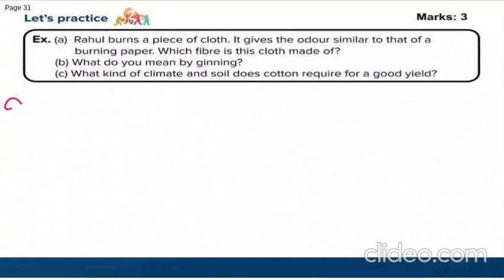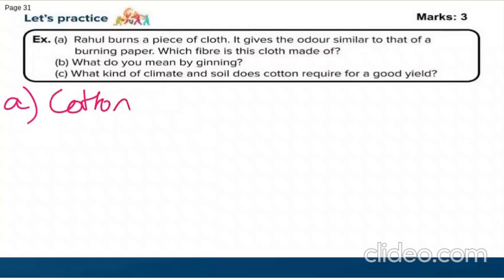Next one. We have three sub-questions, a 3 mark question. Rahul burns a piece of cloth. It gives an odor similar to that of burning paper. Which fiber is this cloth made of? If it is giving a smell similar to paper, it will obviously be cotton.